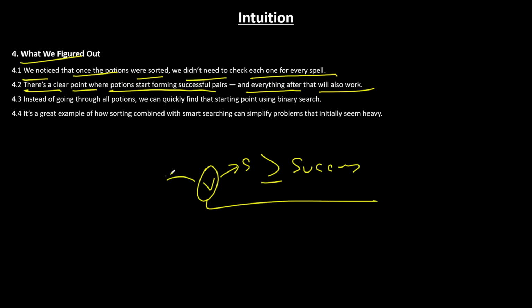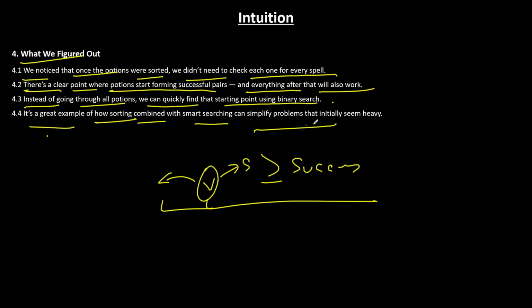So we reduce our search space and check from here. Instead of going through all portions, we can quickly find the starting point using binary search. It's a great example of how sorting combined with iteration and smart searching simplifies the problem and reduces the time complexity. So I hope you understood the intuition explanation. Let's move to the next slide.